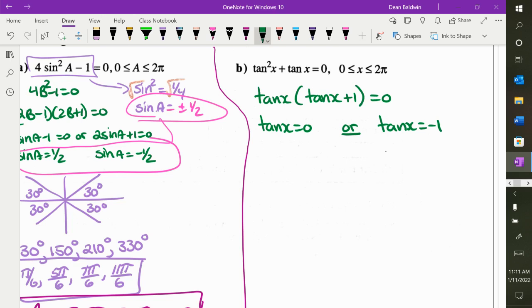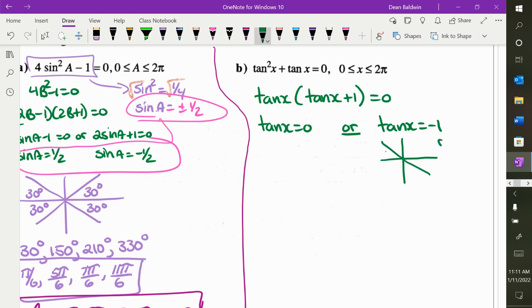Exactly. It's like having just an x by itself on the outside, right? Okay. Let's do the tan x equals negative 1 thing first. Where is tan negative? Where is tan negative? 2 and 4.